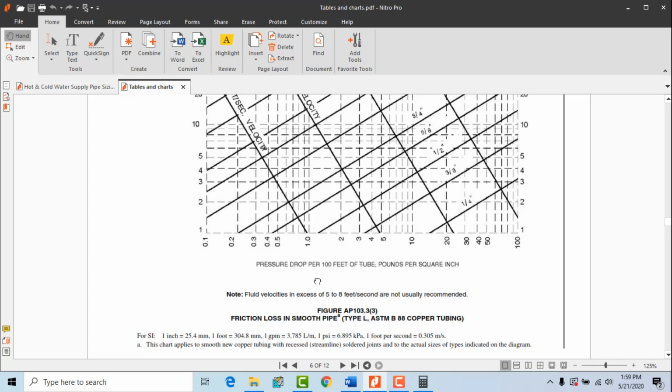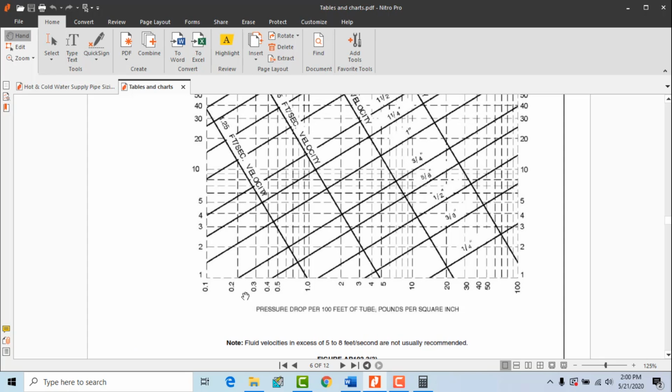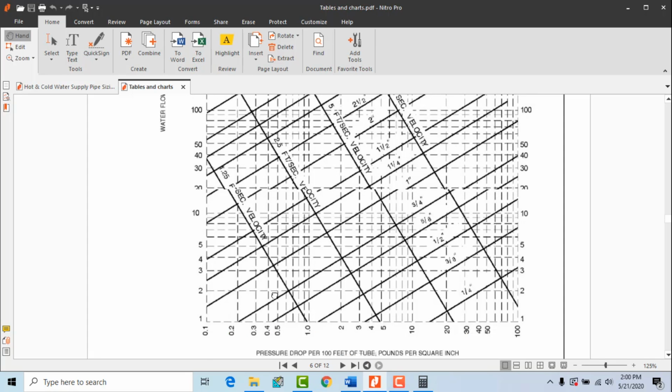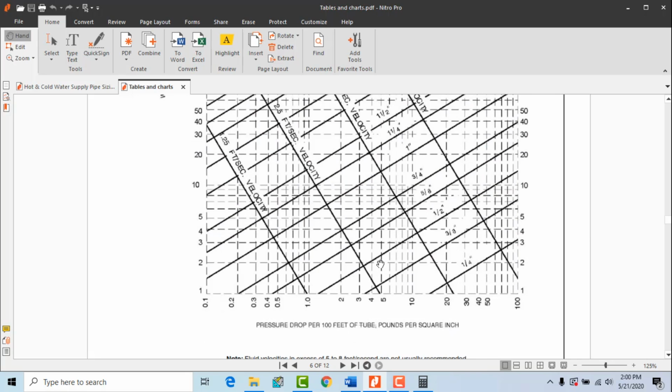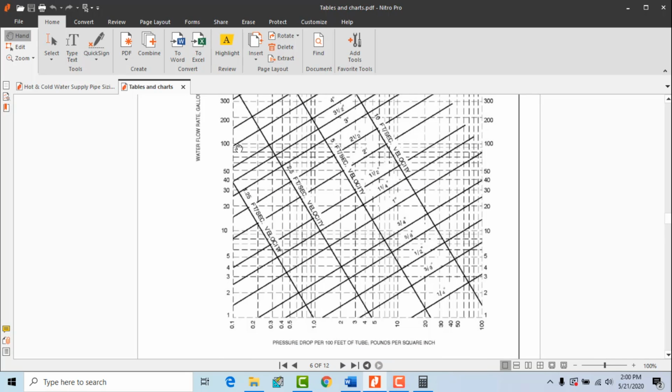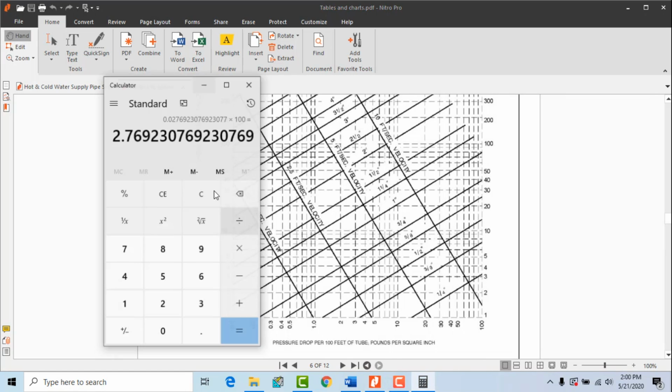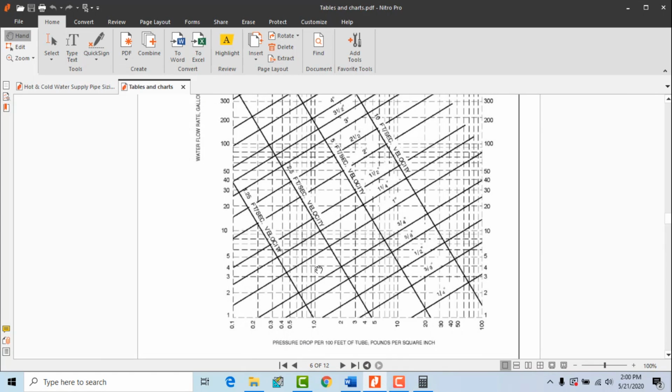As you can see, on the x-axis we have pressure drop in psi per 100 feet, and on the y-axis we have demand in GPM, gallons per minute. We know the demand is 108 and the pressure drop is 2.77 psi per 100 feet, which we already calculated. So 2.77 psi over here and 108 GPM here.